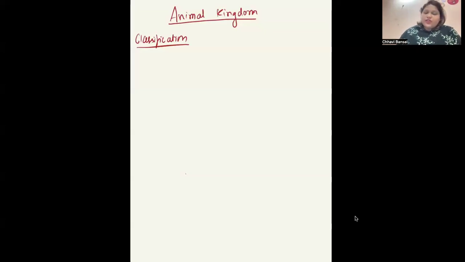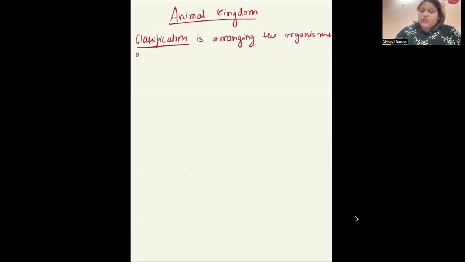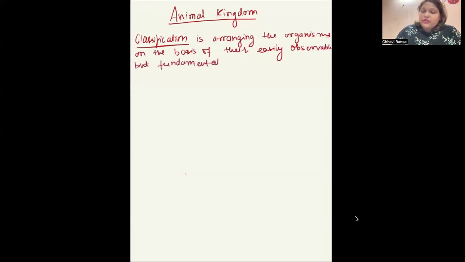So what is classification? Classification is arranging the organisms on the basis of their easily observable but fundamental characteristics.